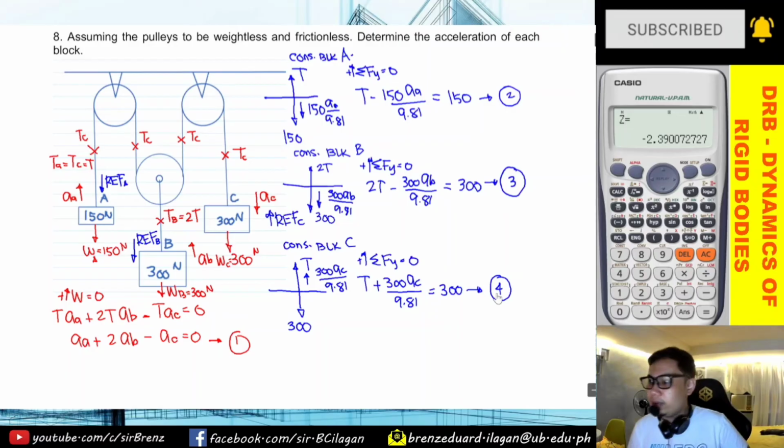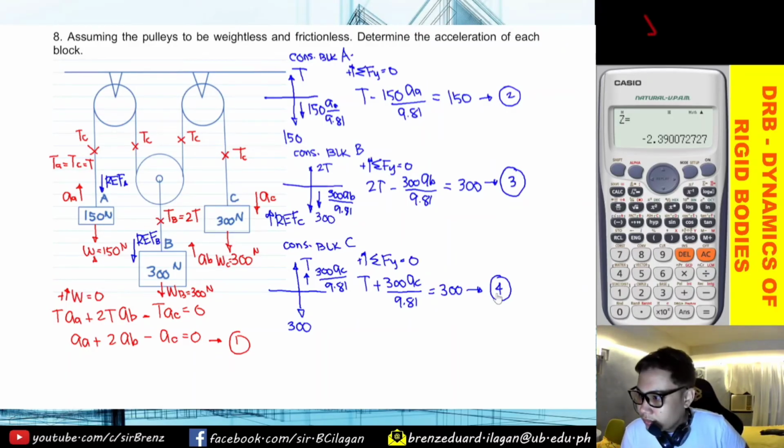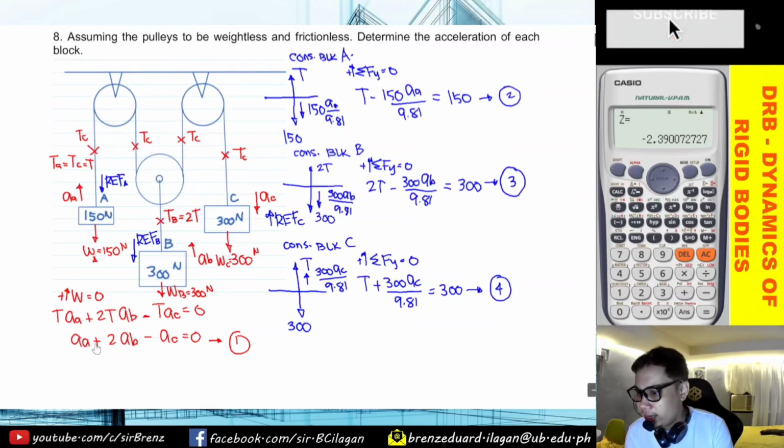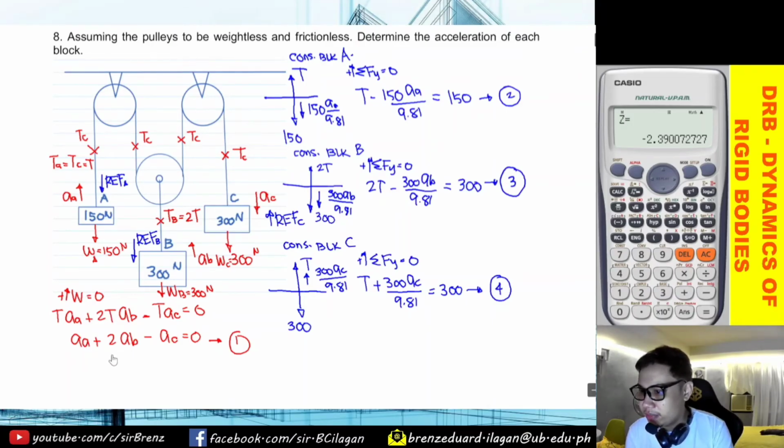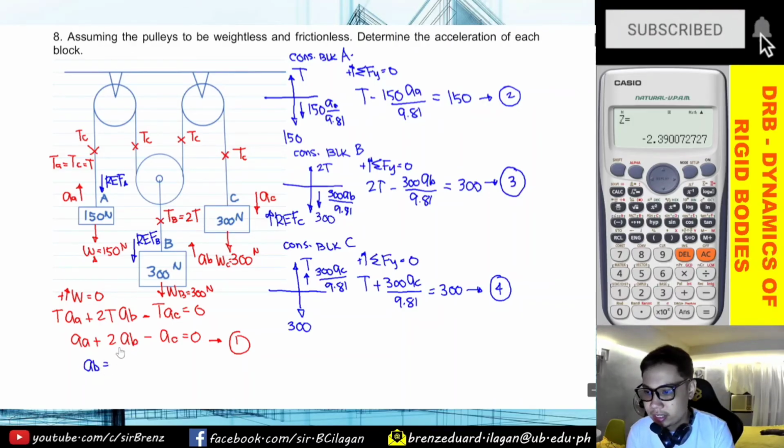Okay, so ano kaya maganda natin gawin dito? So siguro guys, i-revise natin tong equation number 3. So ang gagawin ko, papalitan ko yung A sub B with this relationship na mabubuo natin dito. Or yung A sub B mo can be, ito kasing equation na to, pwede nating i-rewrite siya as, so transpose ko sa kabila, so yung A sub C, tama?